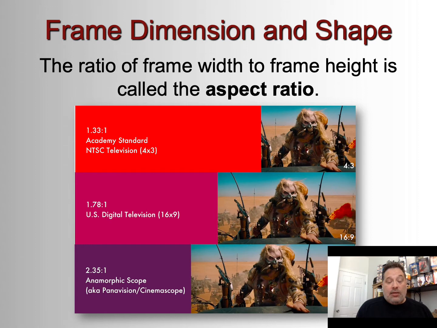And square is not just the domain of television either, because square is also more or less the standard that you'll get in IMAX, because IMAX, of course, is going for height as much as it is width, if not more so.